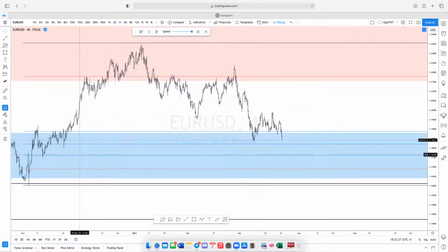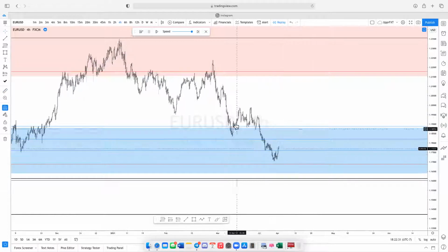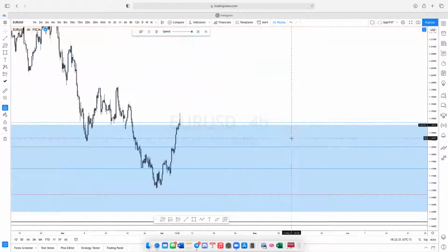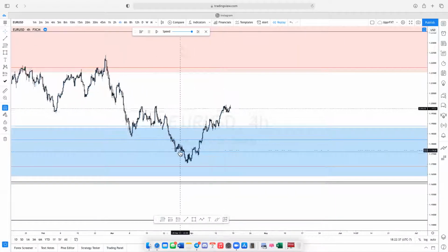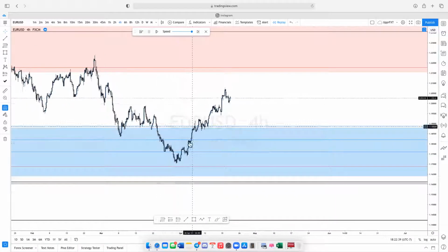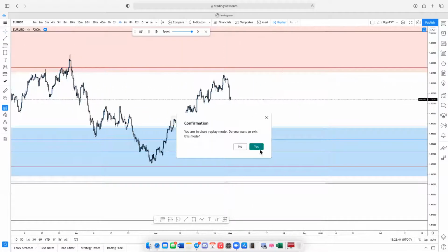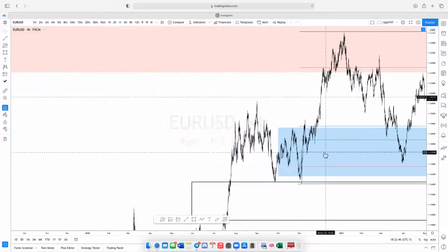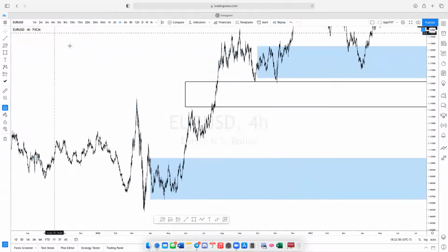It wasn't a full schematic, but you could have caught an RR off of this, and we have all of these levels that we can play into. Then you have that markup on the lower levels, a break of structure, and a markup. So that's another example of how fibs and other tools can be used.